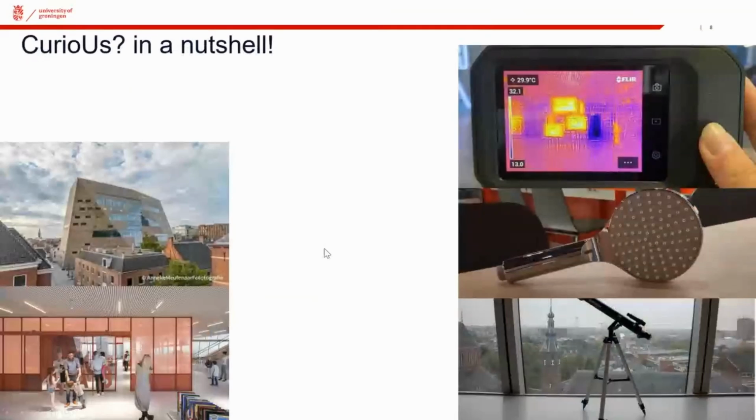So as I said, we have a library, but this is not at the university. This is at the Groningen, which, for those of you who aren't from here, is meant to be a public living room of the city.